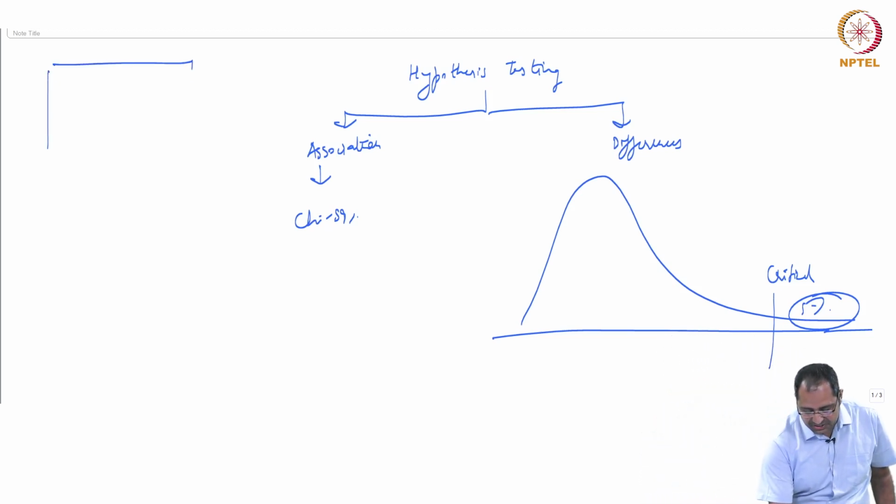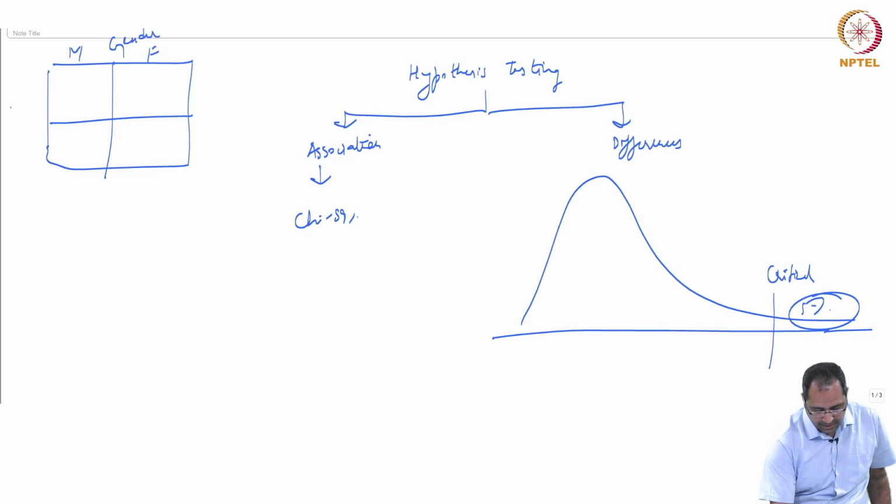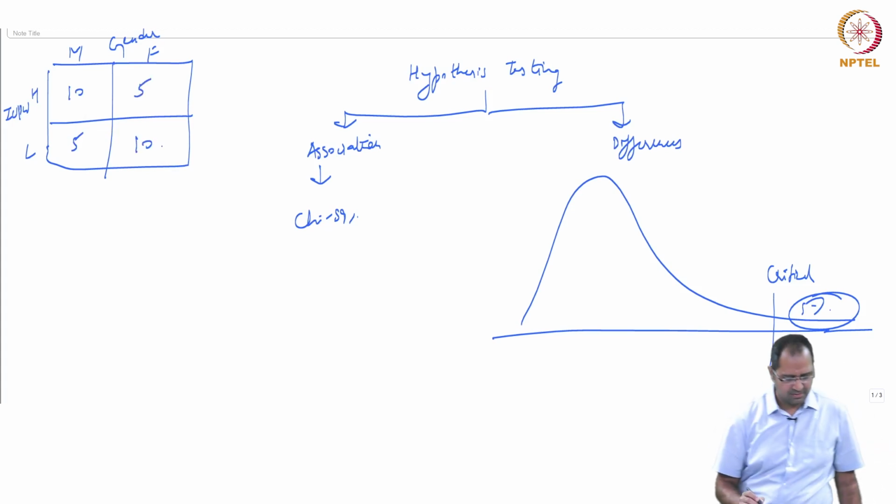Let's say in this case we have gender, male and female, and internet usage per week, high and low. We had 10, 5, 5, 10.